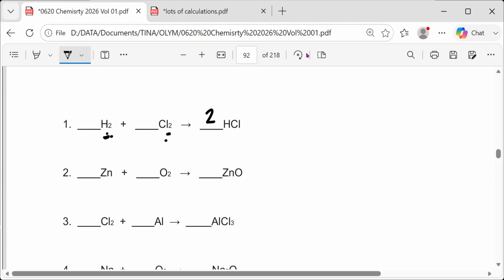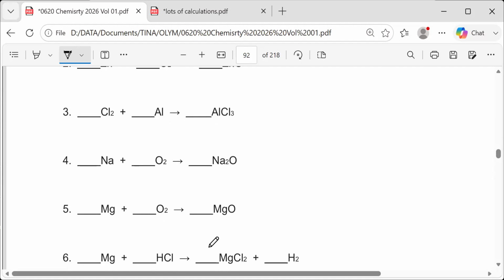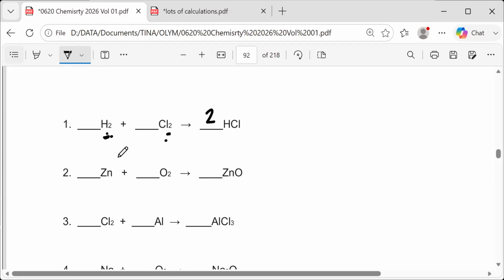Can you try and do 1 until 6? If there's no number in front, you don't need to write, don't write 0. You can write 1 or just leave it blank.